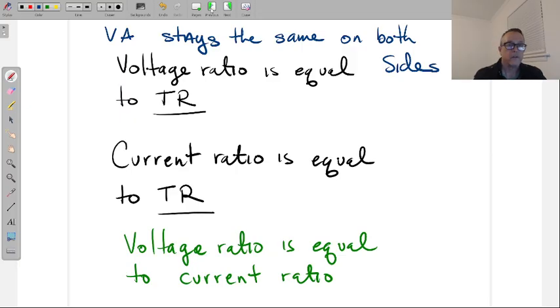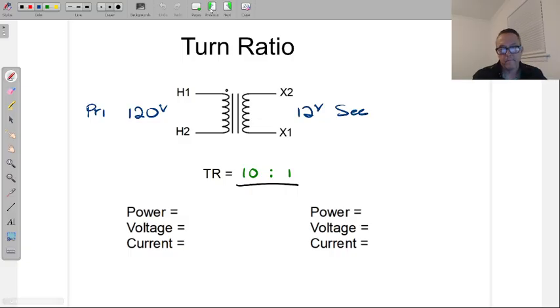All right, so wattage stays the same. Voltage ratio is equal to the turn ratio. Current ratio is equal to the turn ratio. And again, the last one is a fact, but we don't need it for what we're going to do over here. All right, if anybody needs me to go back for those notes, let me know. If not, let's work out some math.